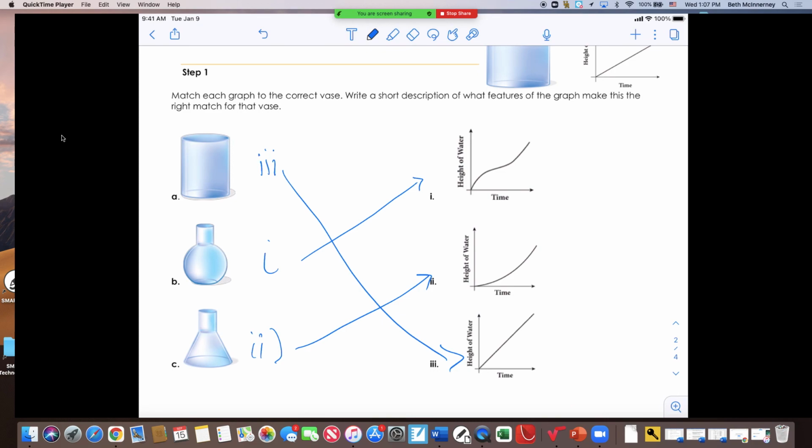So this one goes slowly at first and then starts to increase. Here, this one is going to go a little bit faster, then slower, then faster, and even faster. Okay? So this one had a little bit of a change in how fast the height was filling. All right, any questions now on that?